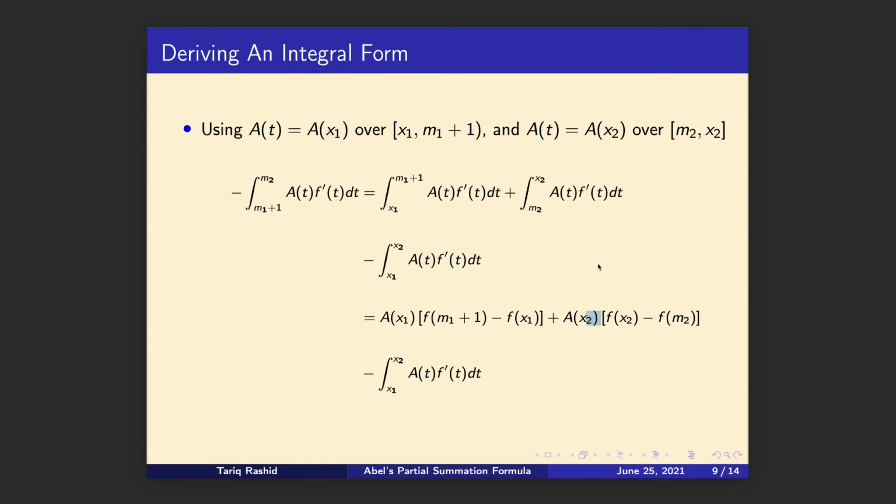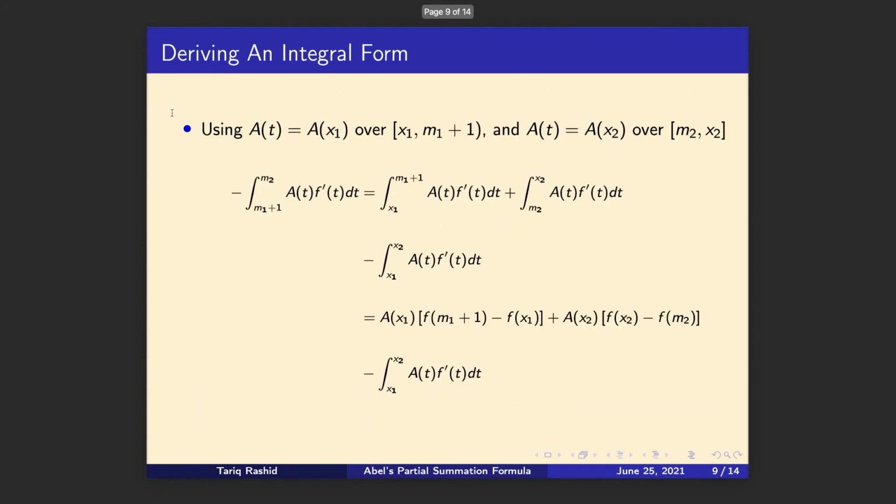And the a is x2. The a is x2 or m2 because it's the same. And the same here, because it's constant in that short interval, minus this one here, which we haven't simplified. It's just the general term.